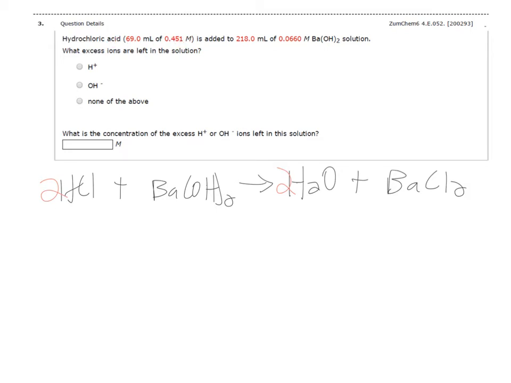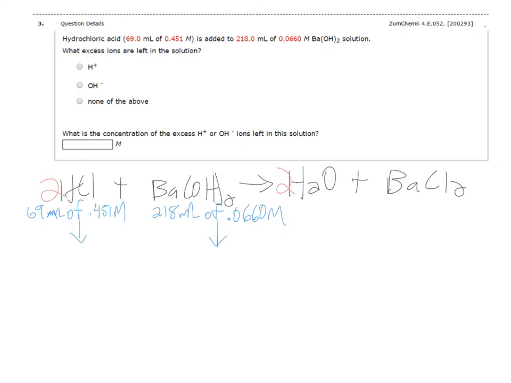I've got, in my case, 69 milliliters of 0.451 molar hydrochloric acid and 218 milliliters of 0.066 molar barium hydroxide. If we multiply volume times molarity in both cases, we'll get the number of millimoles.